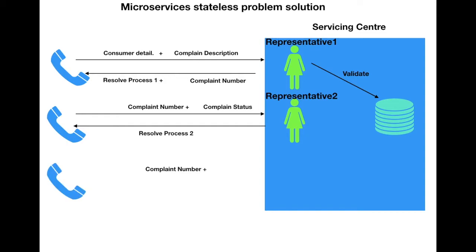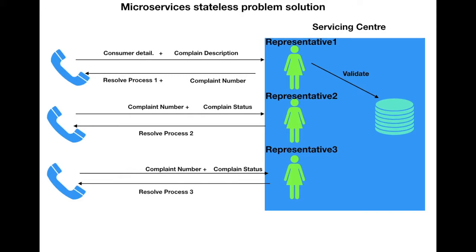Now the same thing is going to be repeated any number of times the consumer comes with the new status of the complaint. Only the complaint number is going to be there, no details are provided by the consumer from the second time onwards, because the token is there with the consumer, so he gets the complaint resolving process with the help of this complaint number.